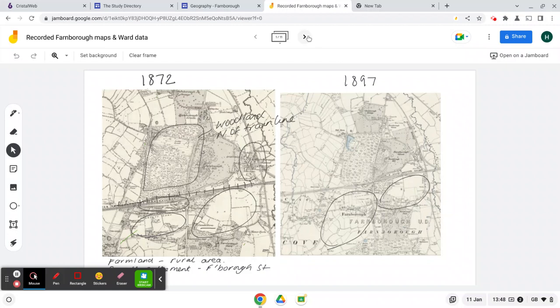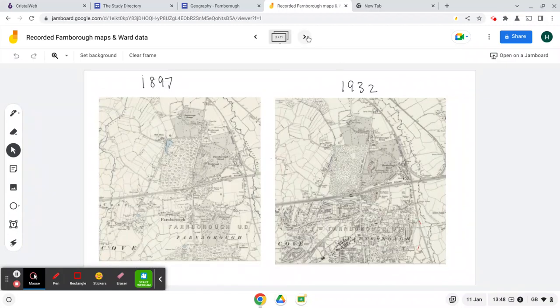If we then look at maps from the early 20th century, so here we've got one from 1932. So you can see here, when comparing this map to the one from 1897, that we see lots and lots of development south of the train line. So we've got more development.